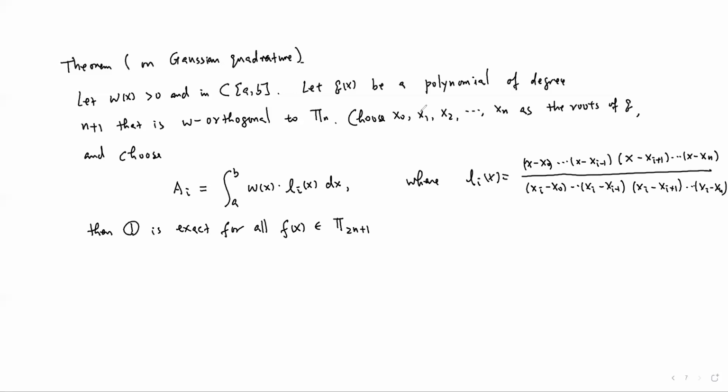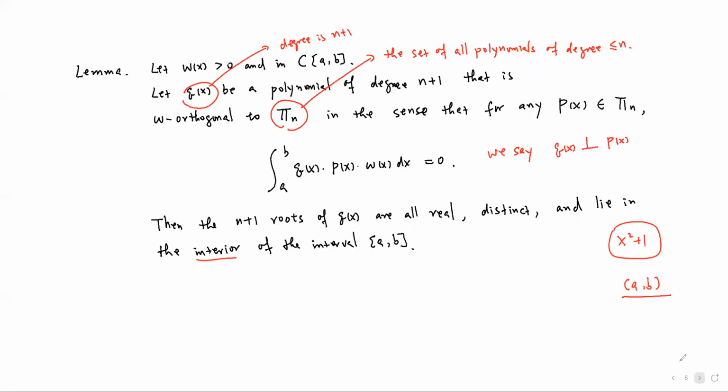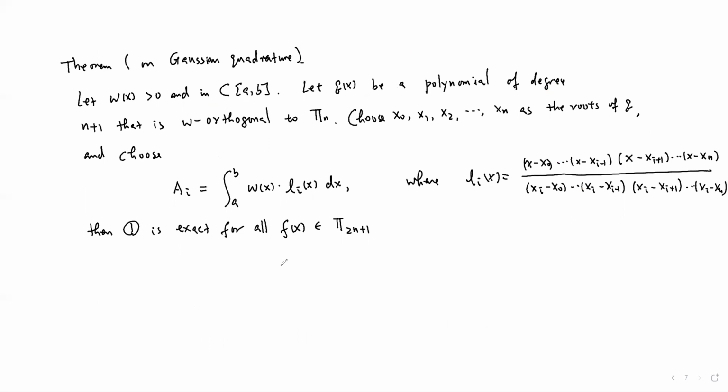So by this theorem, we don't need to solve this system. This system is almost impossible to solve theoretically. How to prove this theorem? The proof is not difficult.